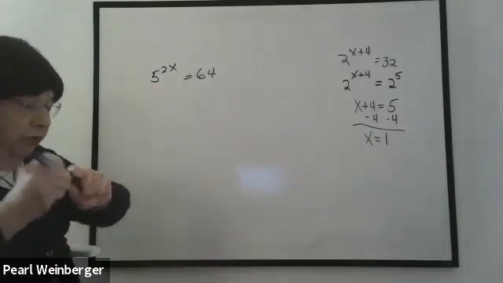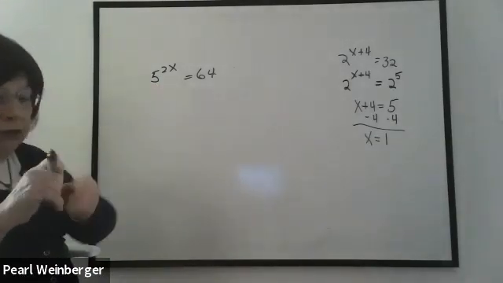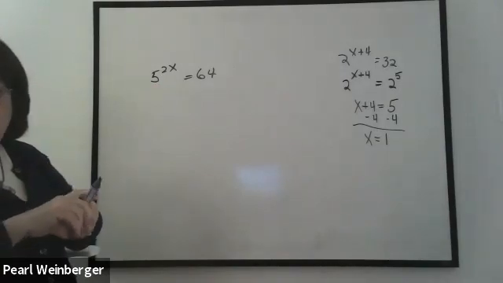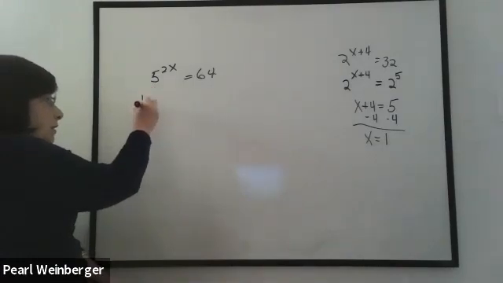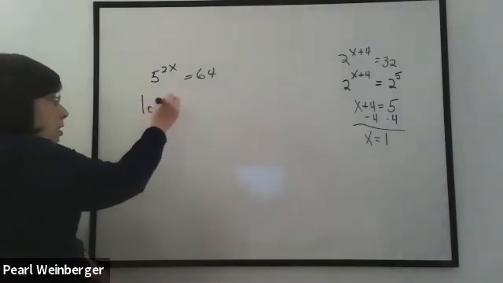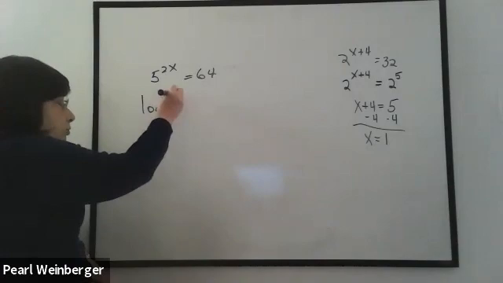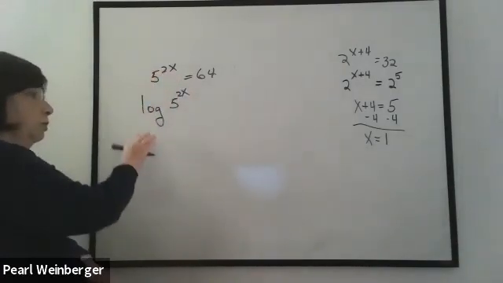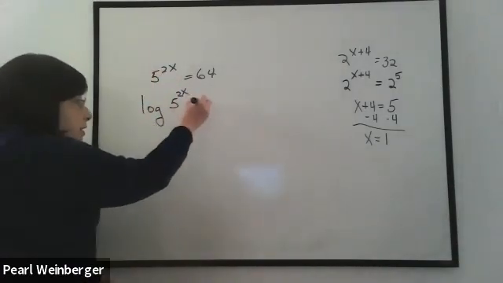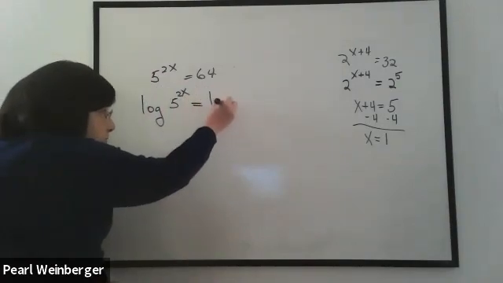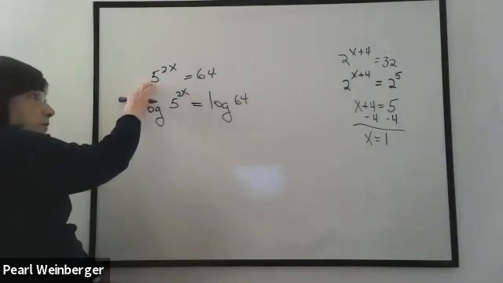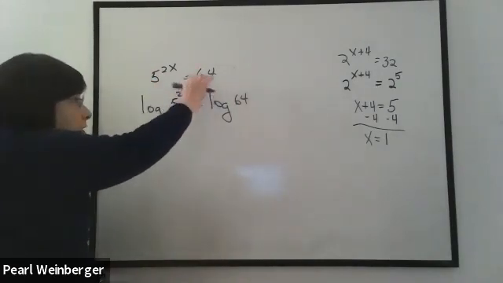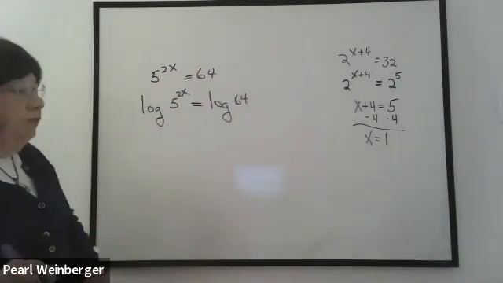So if you recall, we said there was another method that we could use, and that's what's called the log method. We take the log of both sides. We write log 5 to the 2x. We just write the word log right in front of it. It has to be a log on both sides. I put the word log in front of the 5 to the 2x and in front of the 64.